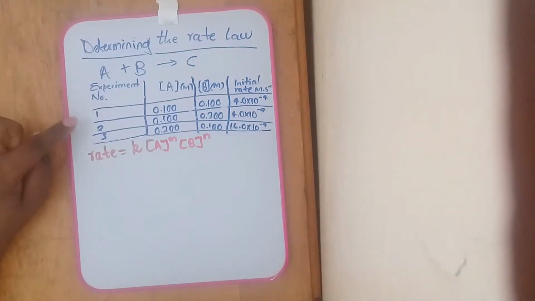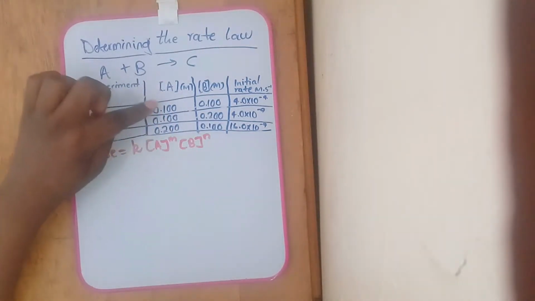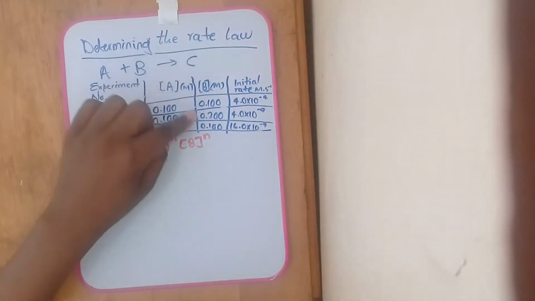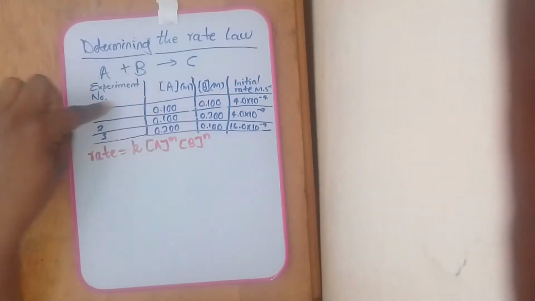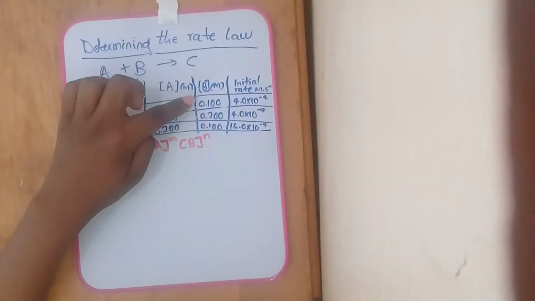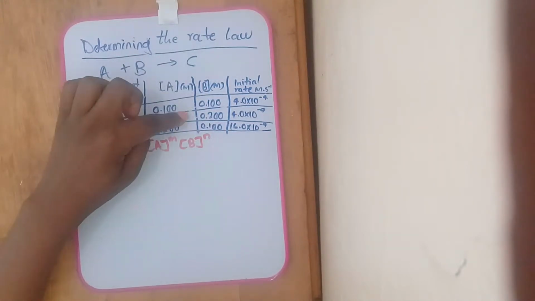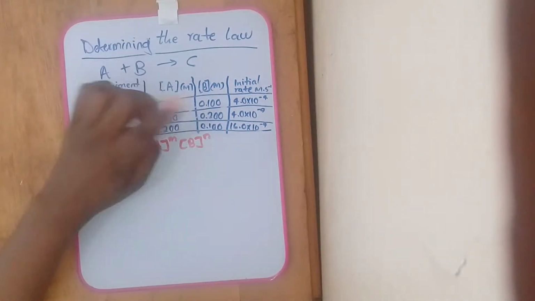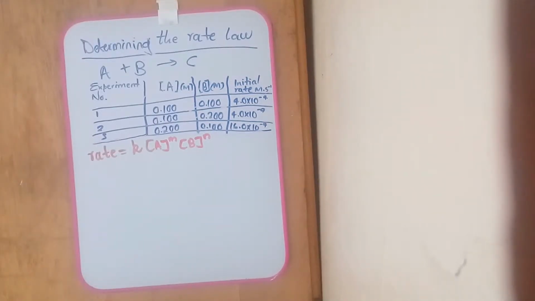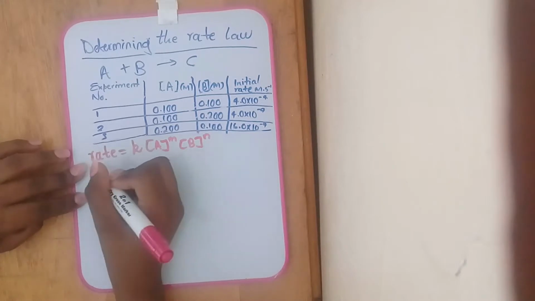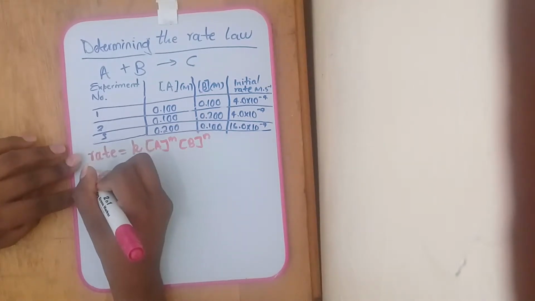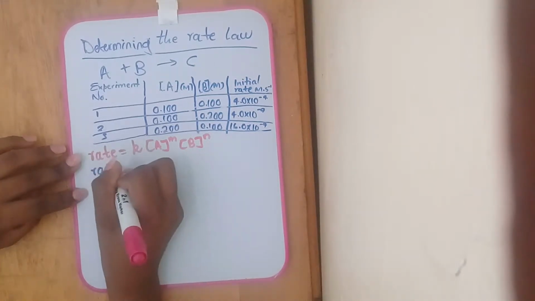Looking at experiments 1 and 2, A did not change, so we're not finding m, we are finding n, since the initial concentration of B is the only one that changed from 0.100 to 0.200 molar. To find these reaction orders, we need to find the ratio of the rates at these experiments.